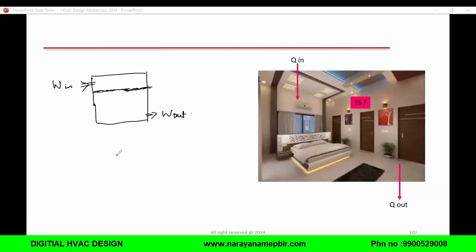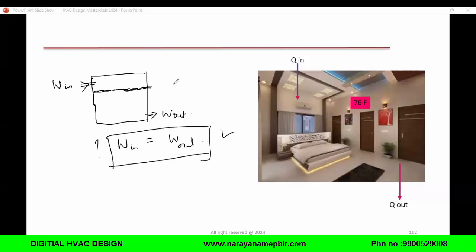At what condition? Can anyone tell? Water in is equal to water out. If this is the condition, then you can maintain the level of water.